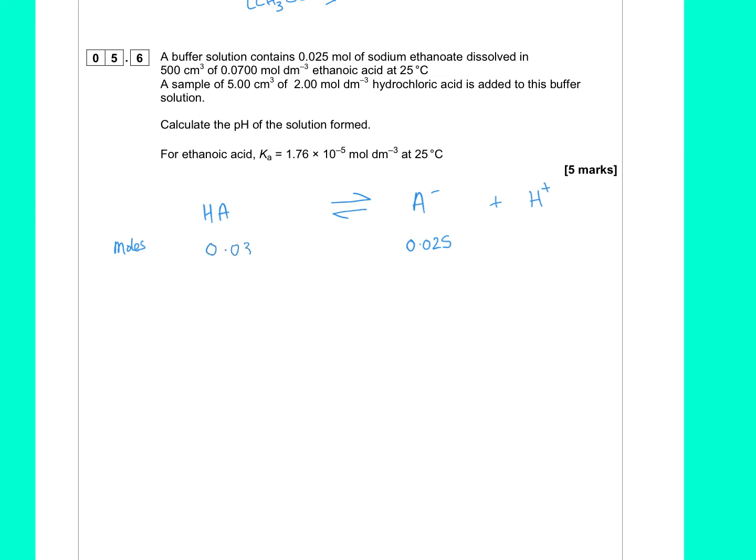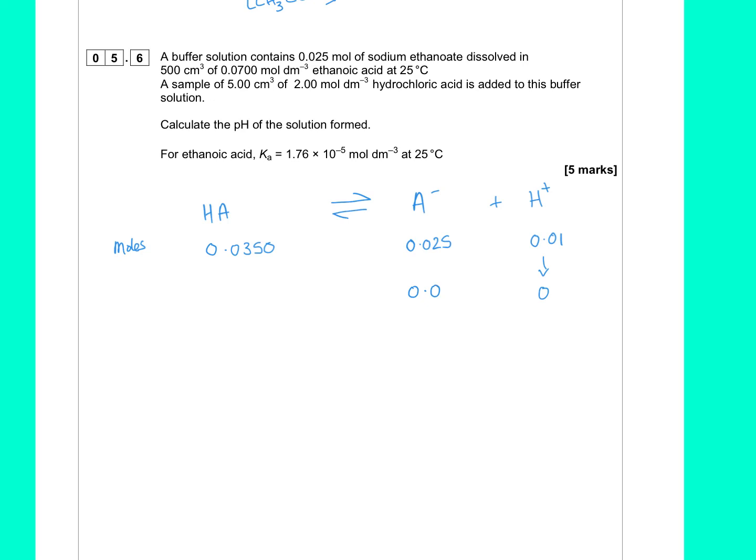And the acid, we've got 0.035 moles. And that's worked out because we've got 500 centimetres cubed of 0.07 moles per decimetre cubed.